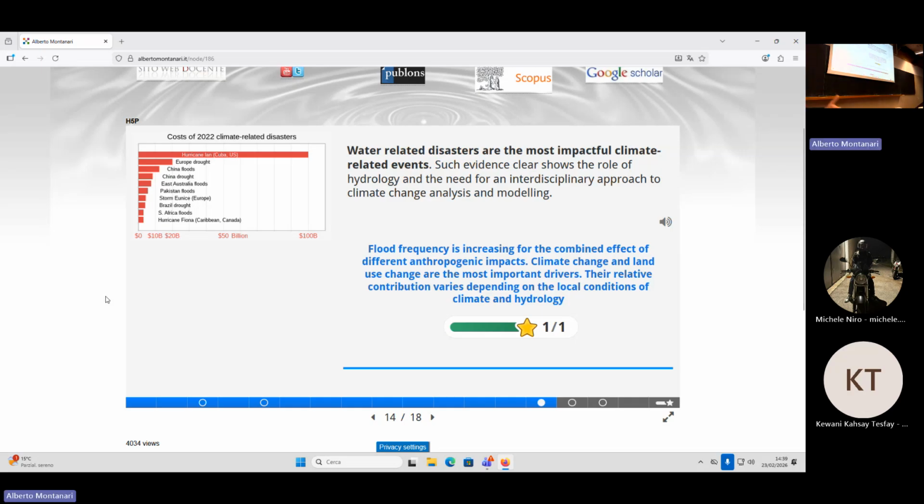And they are increased, but it's not clear, for instance, if the increase of human losses is due to increasing human population rather than increasing flood frequency. Because if we look at the frequency of the floods, it's not clear whether it's increased or not.